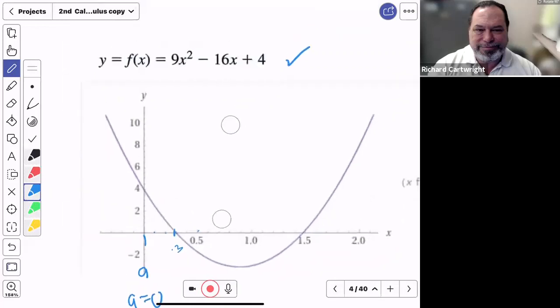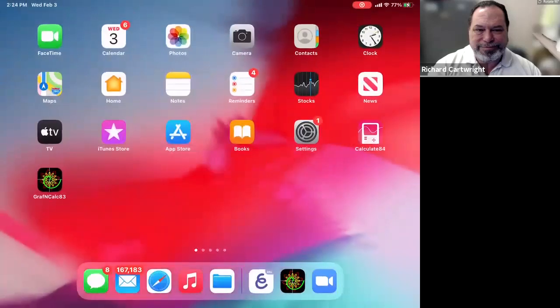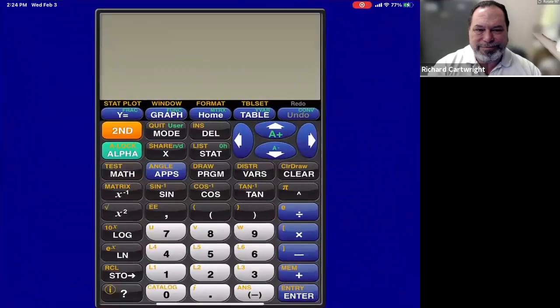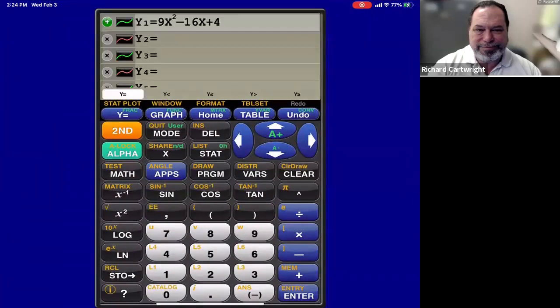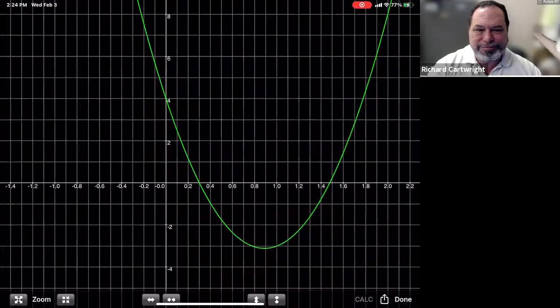I'm going to key in this function. I already did from last period. The 9x squared minus 16x plus 4. And what this is really good for you is because I'm going to key the function up there for right now. Even though when I graph it, it looks just like the book, or just like what I gave you.